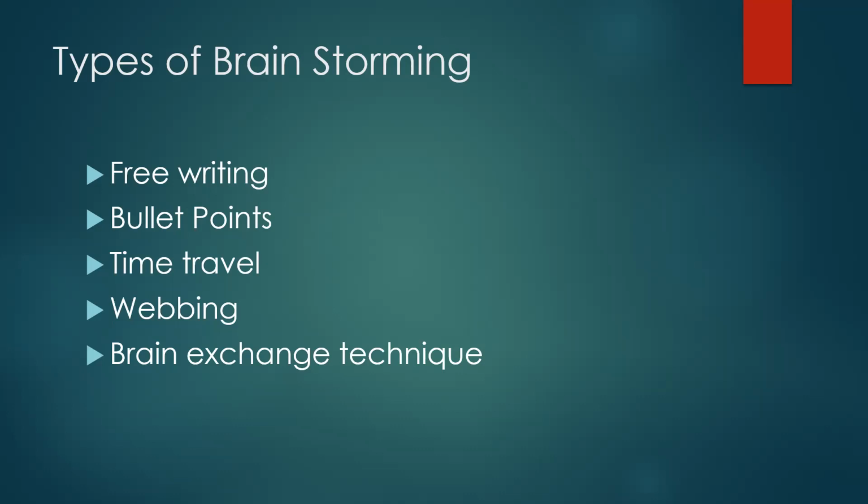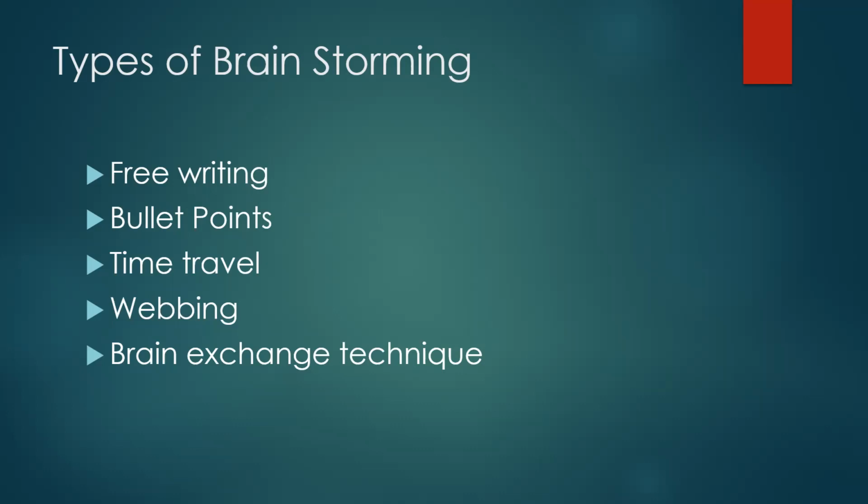We have free writing. Free writing is nothing but writing down whatever comes to your mind for the first time. Then bullet points. After free writing, for each idea you are going to write content for each of them with the help of bullet points.